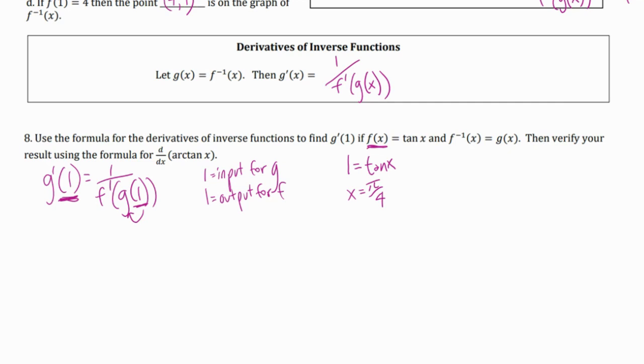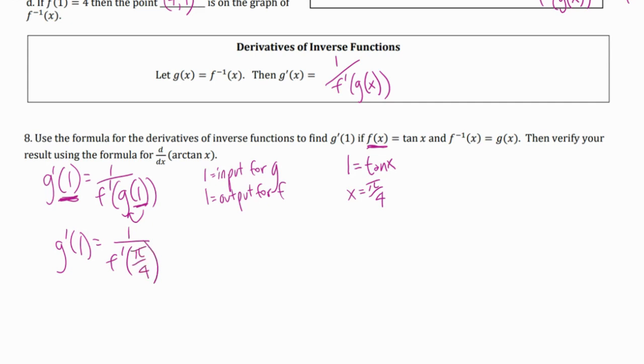So if you have an input value, just make it the output of the original function. Okay, I know this part's confusing for people, so just make sure you understand. The input is 1 for g, then 1 is the output for f, and just set f equal to 1 and then solve. Then that gives me g prime of 1 is equal to 1 over f prime of, and then our result was pi over 4.